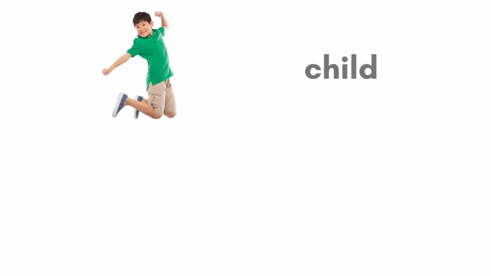Alright, so for the last one, it is not an animal but a child. A child. So boys and girls, you are a child. Each and every one of you is a child. So what do we call it if we have more than one child?